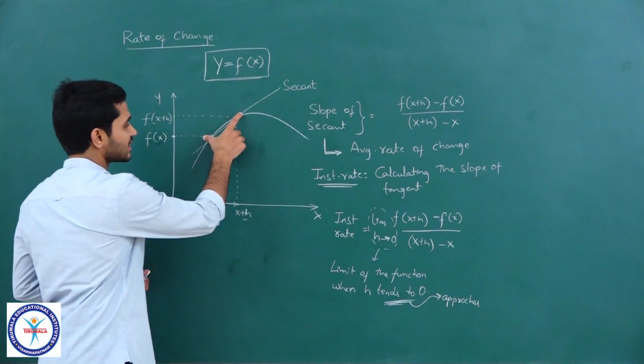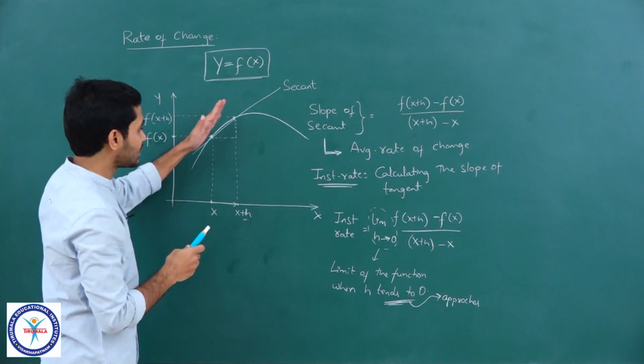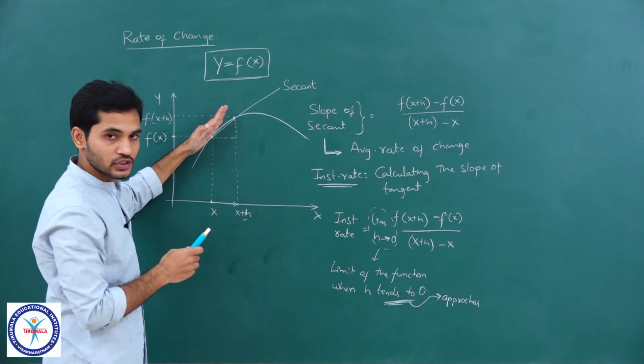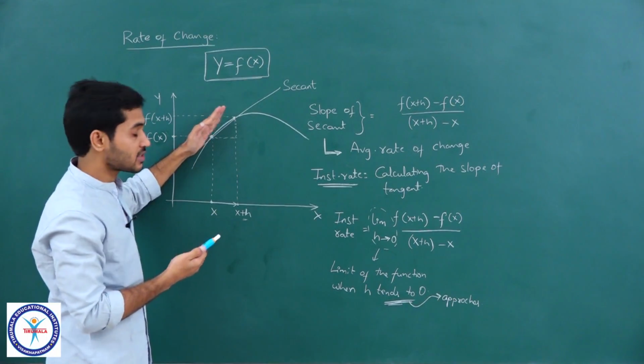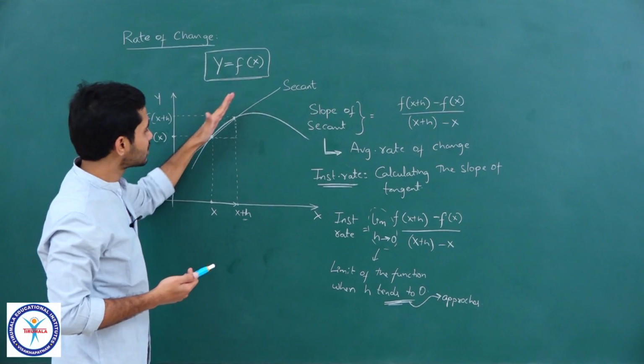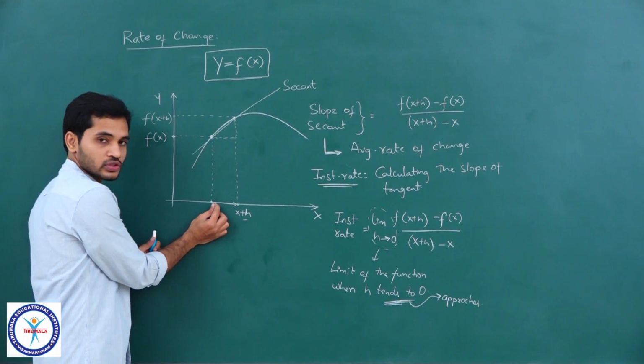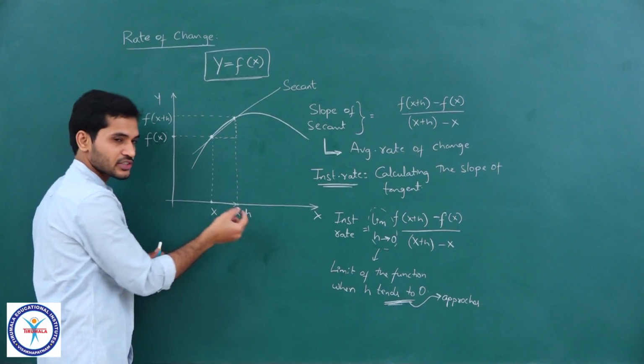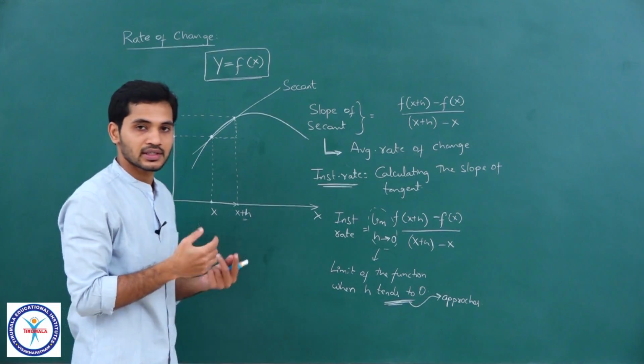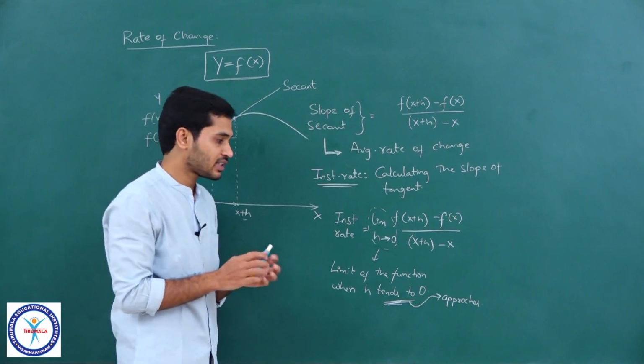If I have to make this secant into a tangent, so tangent is basically the instantaneous rate of change, clear. Slope of that is the instantaneous rate of change. So, if I have to make this into a tangent, these 2 points should be very close. When will these two be very close? When h is very small, correct. That is how we understood the idea of instantaneous rate.